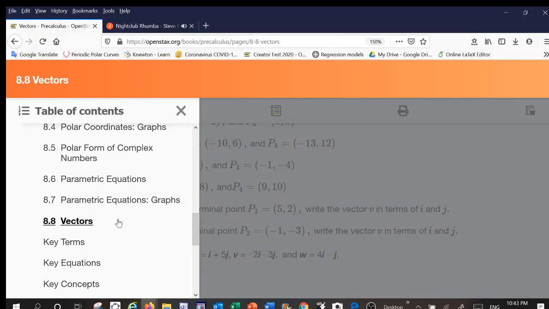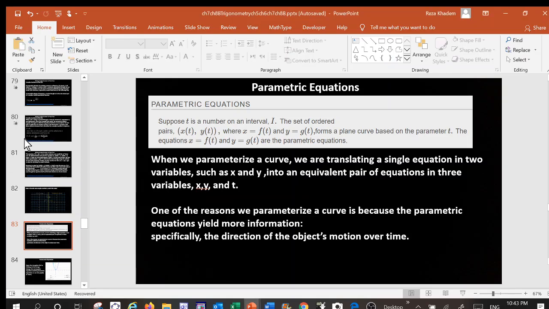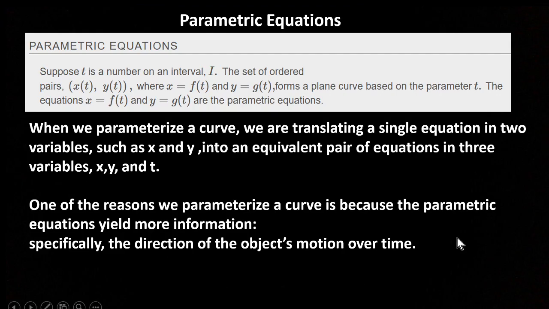So let's move on. What I'm going to do now is continue with parametric equations and talk about what they are, and see if we can put this in one video or two. So let's see. Alright, so what are parametric equations? Well, parametric equations are used when you have an equation in terms of x and y.